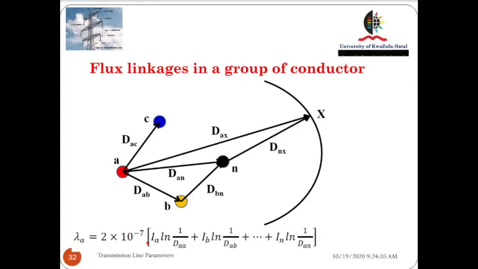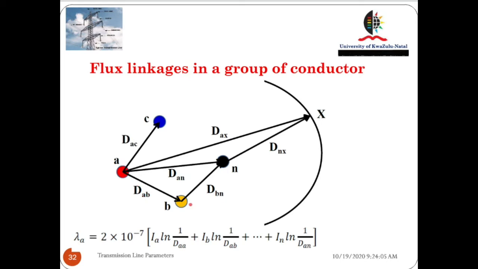2 times 10 to the power minus 7 log R over R, and then the distance of its own. The second conductor is coming, which is IB, the current in it, and then log the distance between them, which is AB.